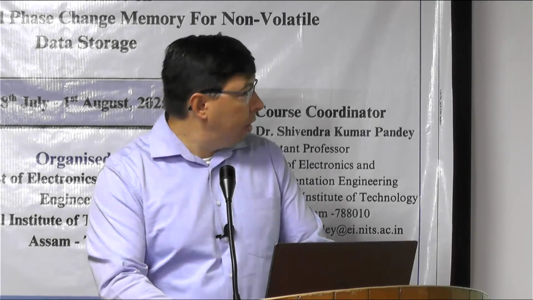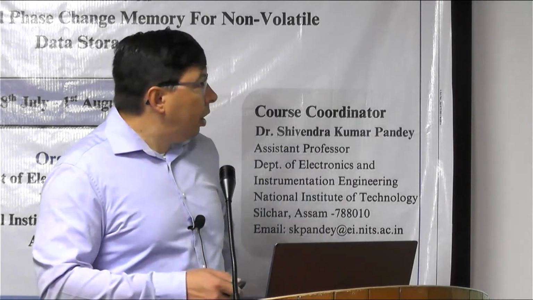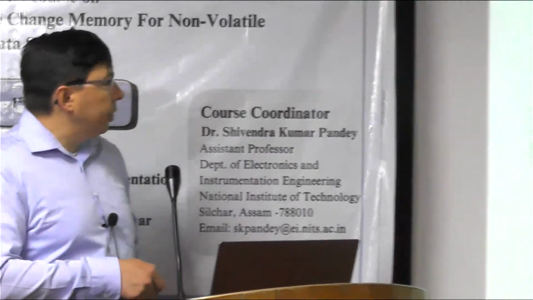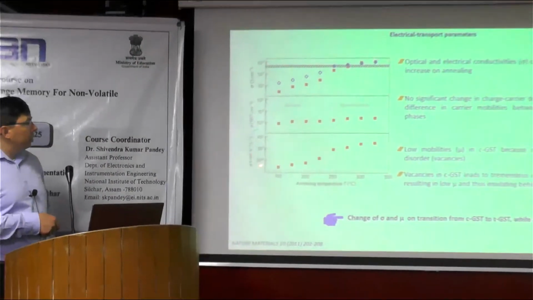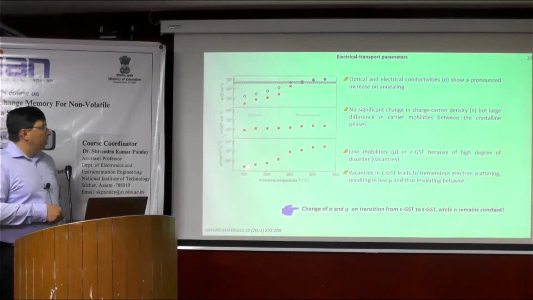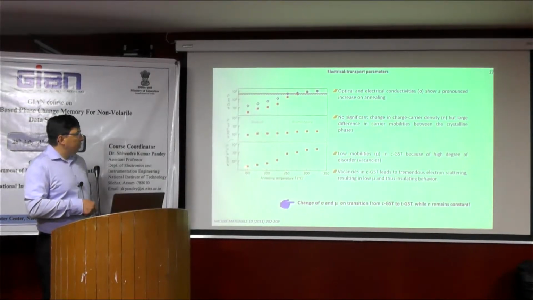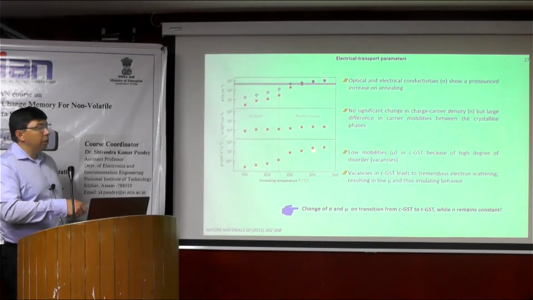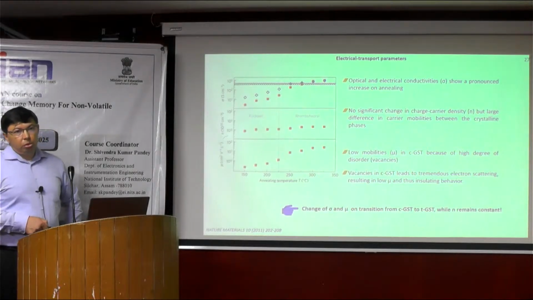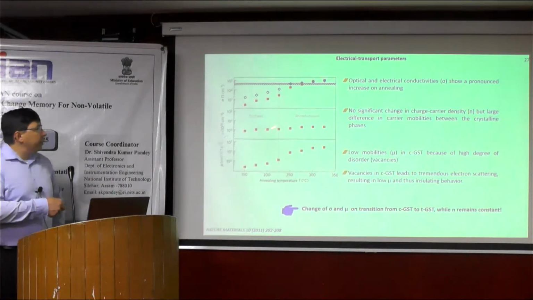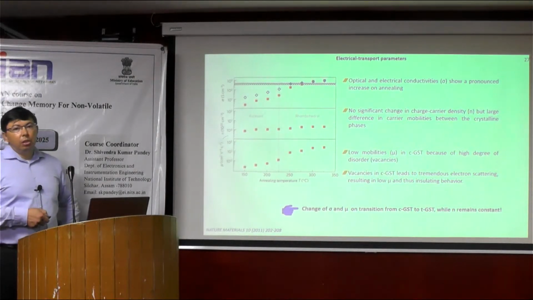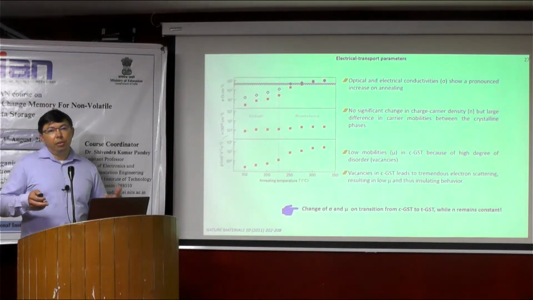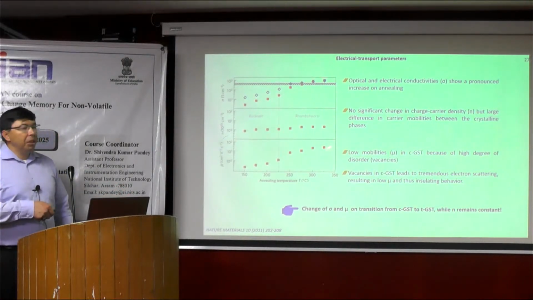You see here the mobility mu and these values. Here the non-metal shows very low mobility, less than 1. And here it goes more than 10 for metallic. So it has higher mobility, but the same number of charge carriers. Only the mobility changes, and that brings the metallic behavior.